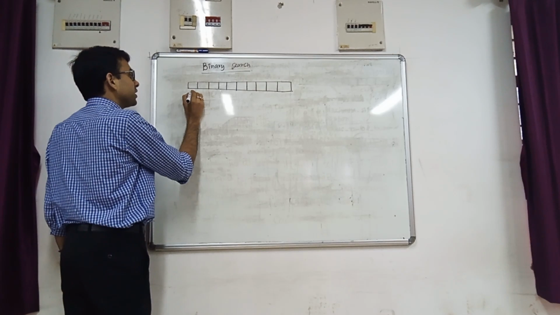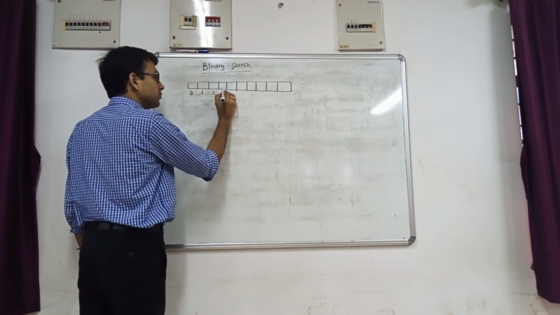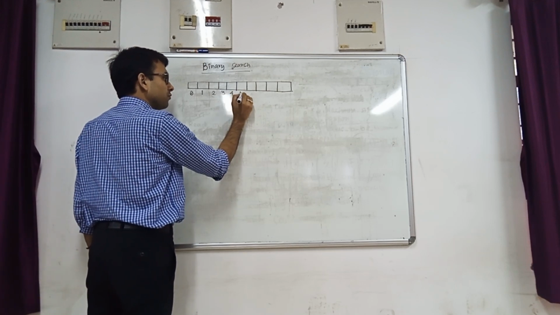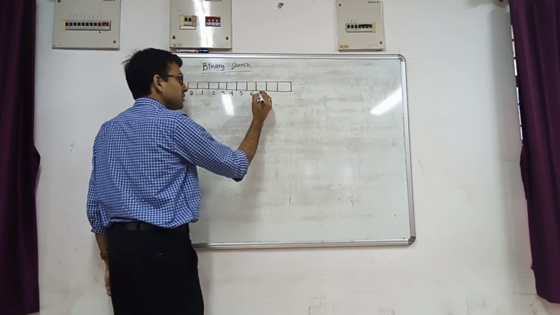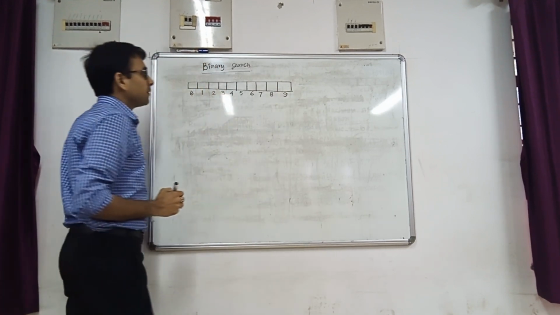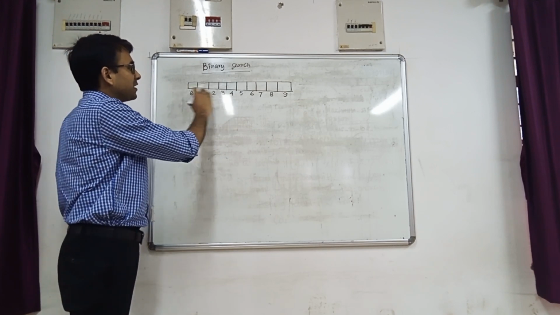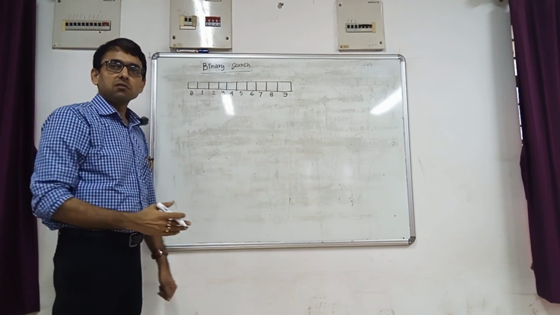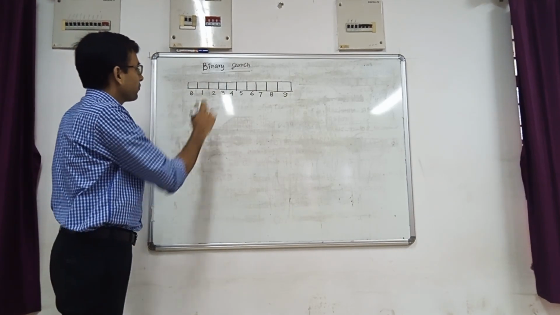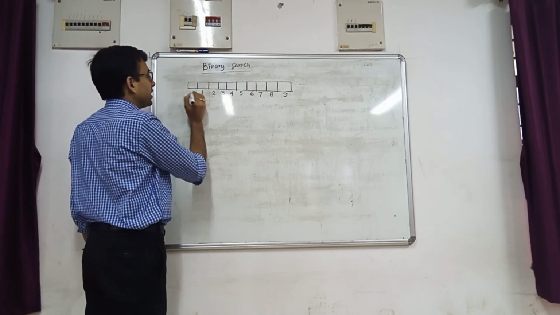So the indices are 0th, then 1, 2, 3, 4, 5, 6, 7, 8, 9. Now the values are sorted, so we assume that the values are in increasing order. The values are known, say A1, A2, A3 like that.